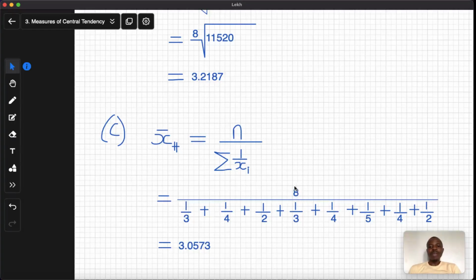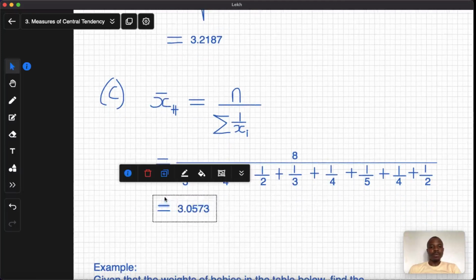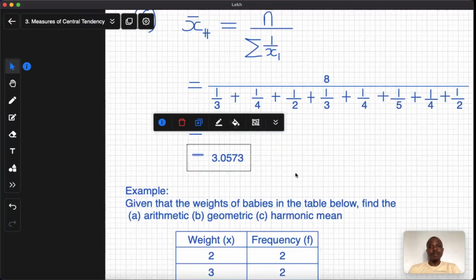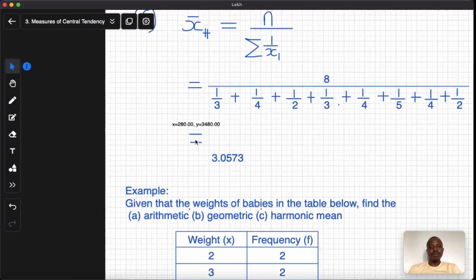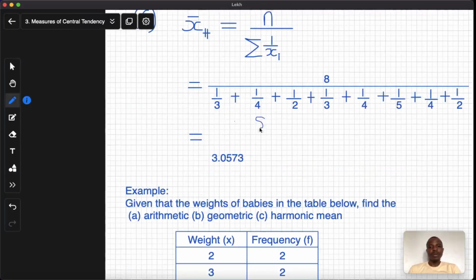Now, we divide 8 by the sum of all these reciprocals, and then we will eventually get, it should be 8, the same 8 you are seeing here, divided by 157 over 60.